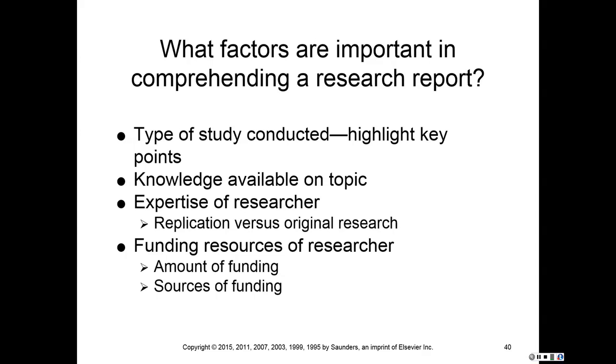What factors are important in comprehending a research report? You need to know the type of study conducted. You need to highlight the key points. It's helpful if you have knowledge available on the topic. That's your knowledge. Expertise of the researcher.